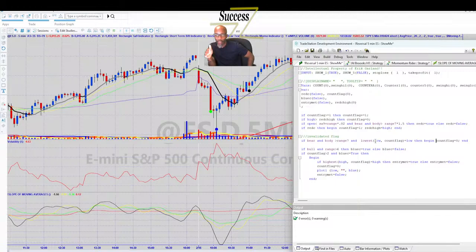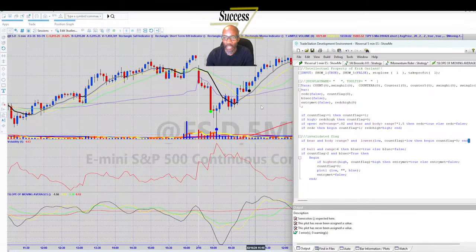And we want to put this flag being 0 before we get down to here, because when we get down to here, now we're using that information to find our blue candle. So I think that's fine. I think that's as much as we need to do with that. We'll verify that. Come back.